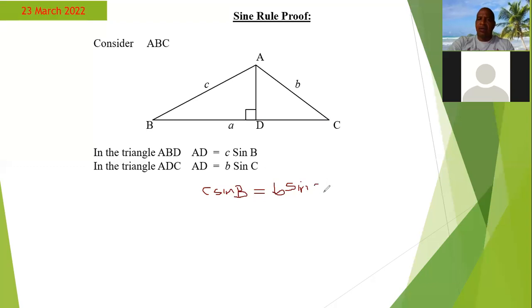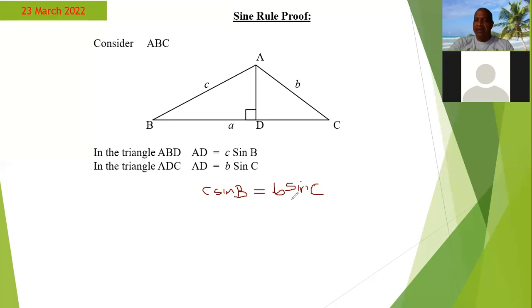All right, so now we can do a little arrangement. We could now move this sine C from the right hand side and bring it to the left. But remember the rule with equations: if you're multiplying by some number on one side of the equation, you can take it to the other side and do the opposite.